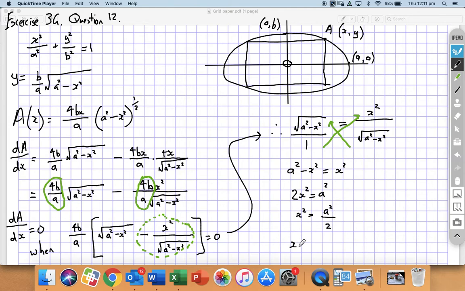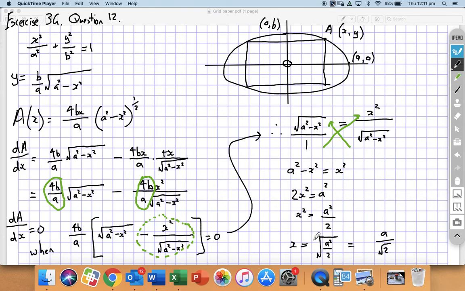Therefore, x equals plus minus the square root of a squared on 2, which equals a on square root 2. All right? Notice I didn't bother to write the plus or minus. Maybe I should.